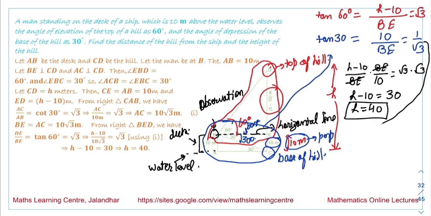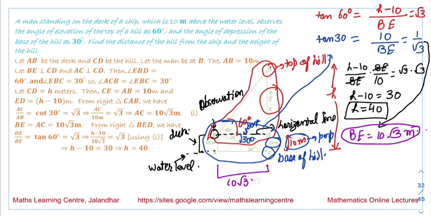From this equation we get BE is equal to 10 root 3 meters. So these are the two values that we have to calculate. BE is the distance between the ship and the hill, and this height h is the height of the hill.